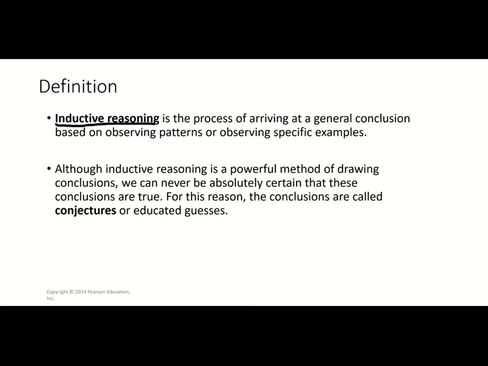They have limited experience in the world, and so they make general conclusions based on specific examples that they see. The one thing to know about inductive reasoning is it's a great way to draw conclusions, but they're not always true. We're not always certain that they're true. So the conclusions that we draw are called conjectures, or educated guesses, or like a hypothesis.